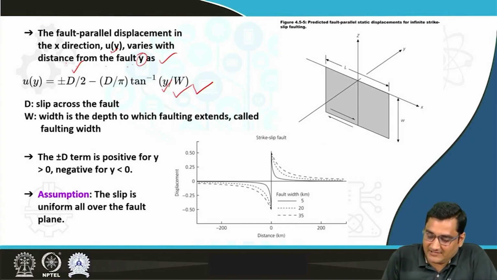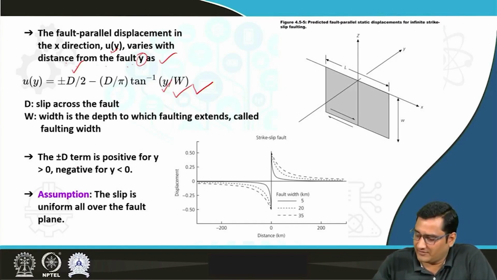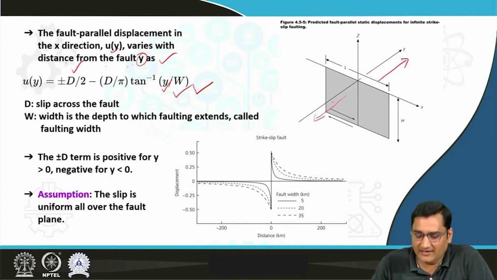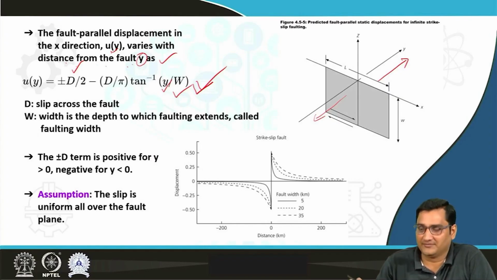And d is positive or negative depending upon y. If y is greater than 0, that means if you are going in this direction, then d we consider positive. If we are going in this direction, then d is negative. We also have an assumption for this coseismic static displacement expression that the slip is uniform all across the fault plane.